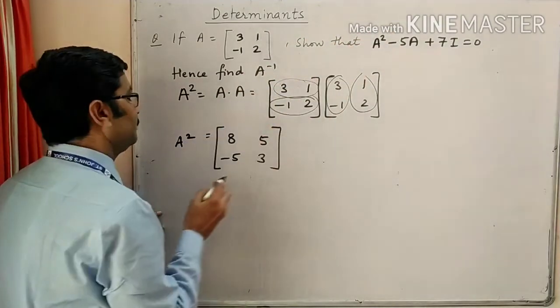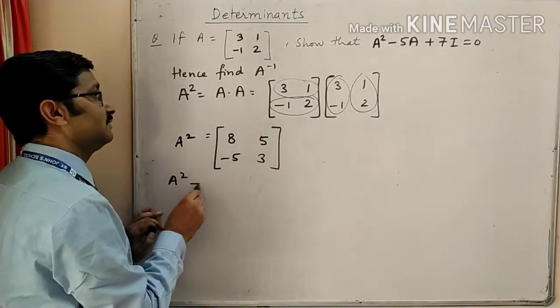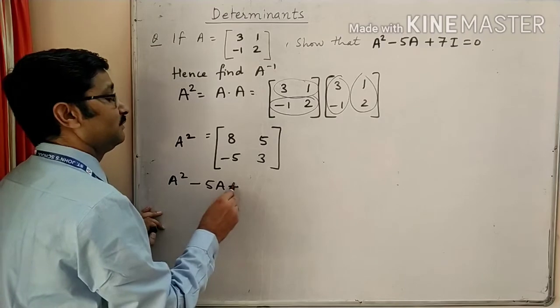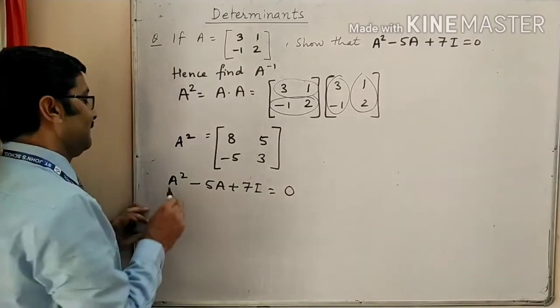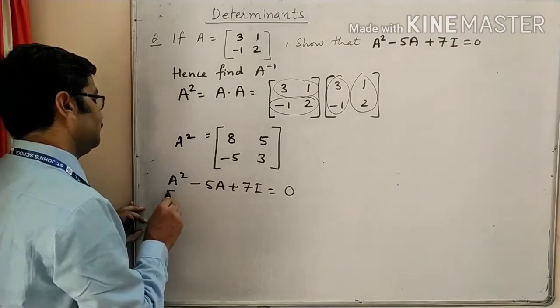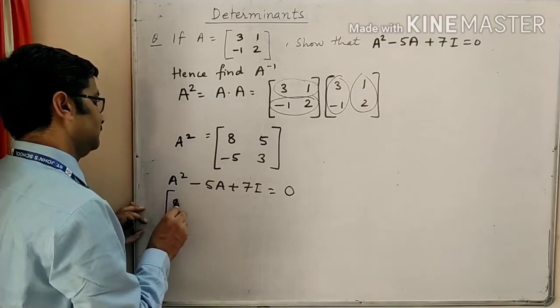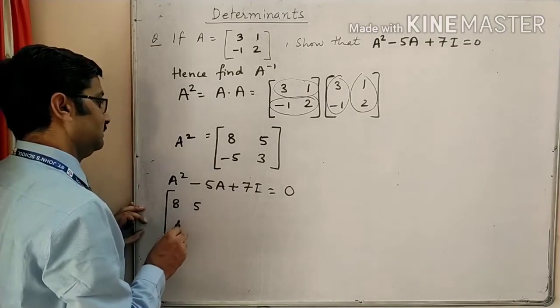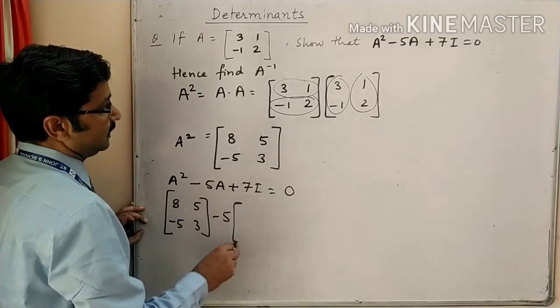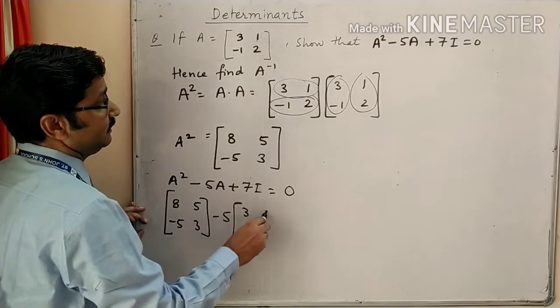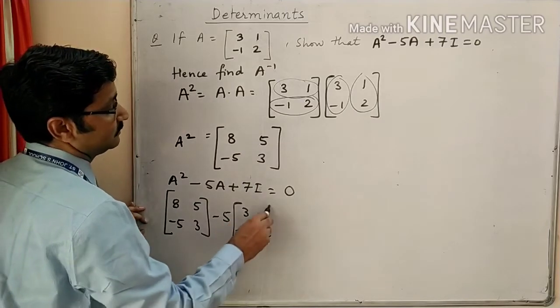Now you put it in the equation A square minus 5A plus 7I equal to O, where O is the 0 matrix. Look here, A square you put as it is: 8, 5, minus 5, 3. Now minus 5 times A, which is already given, 3, 1, minus 1 and 2.